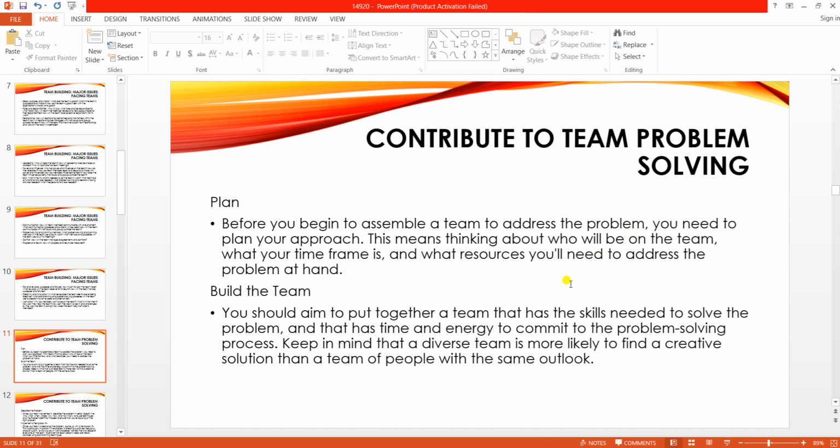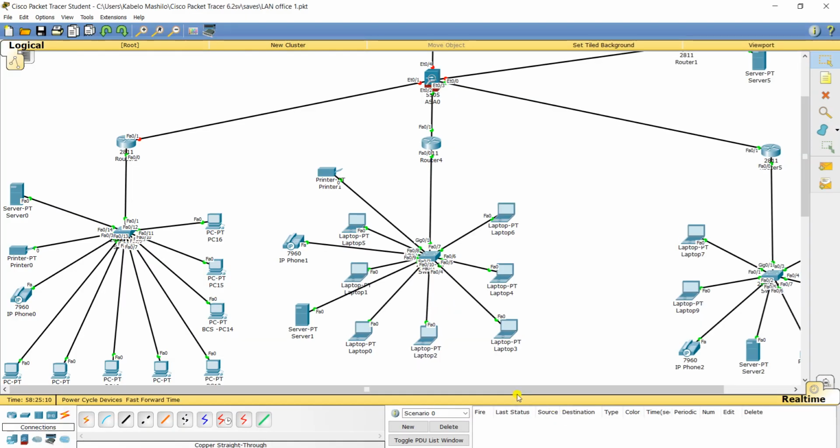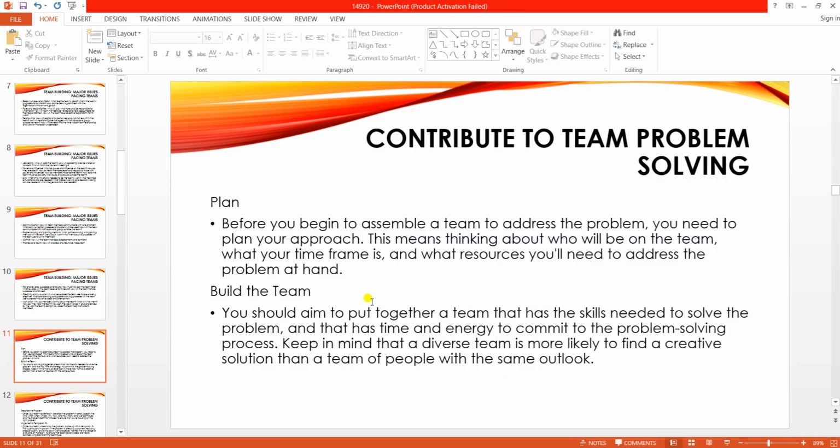In this instance, the problem is that there is no network within LAN 1, and employees within LAN 1 cannot communicate with the outside world. So what needs to be done is that you need to have a time frame and need to address the resources that the team will need in order to solve the problem.